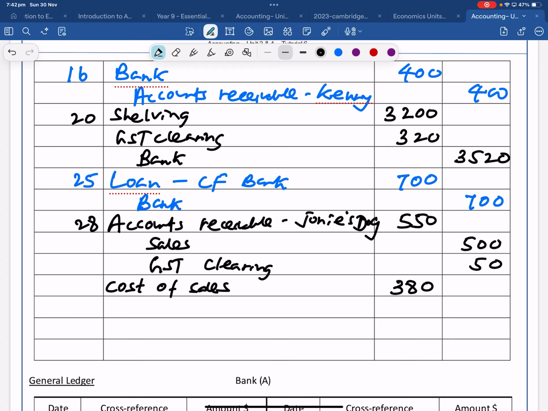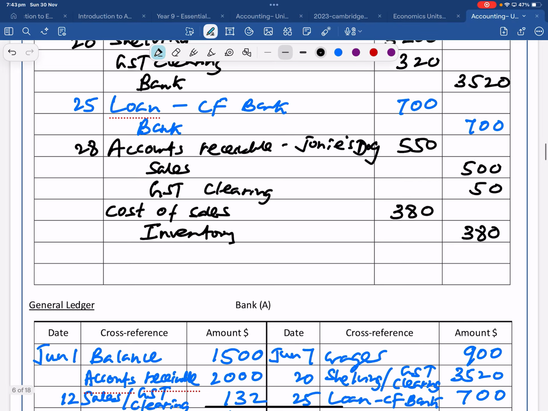Increases what? What is cost of sales? Cost of sales is an expense. Expense increases. And what is the other one? Inventory. Right. 380.